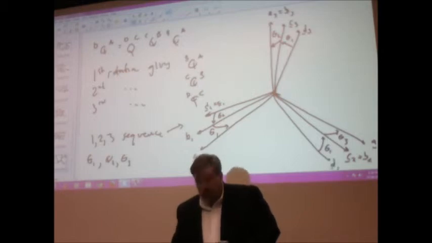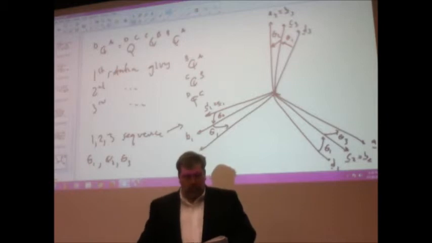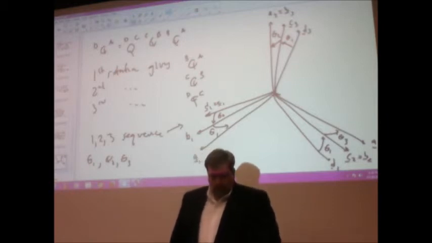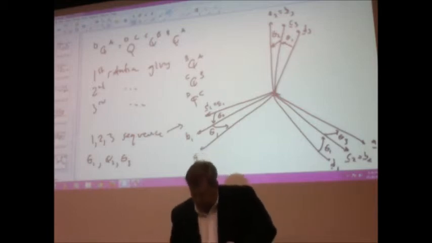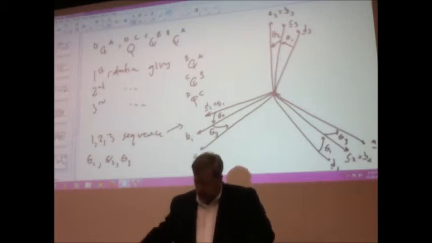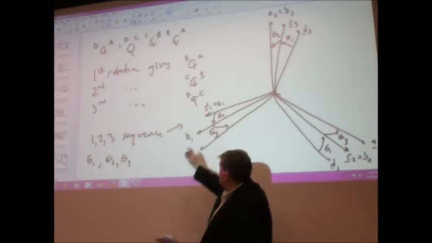Okay, here's how it looks. We start out at first with theta 1. That's a 3 over there. Okay, so theta 1 is about the D1 or C1 axis. That's right here.